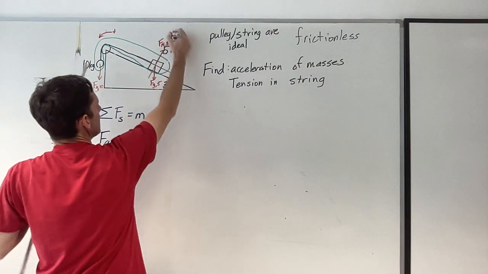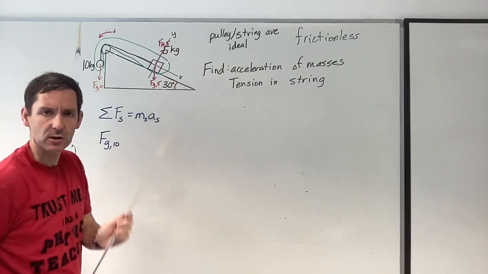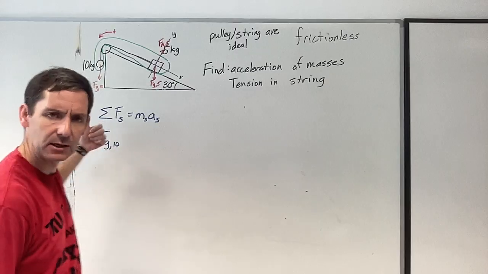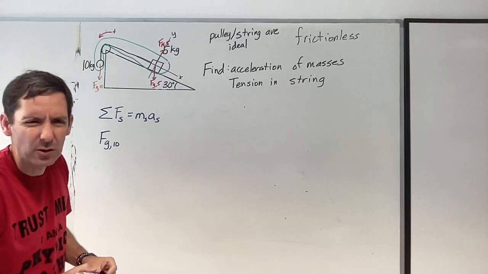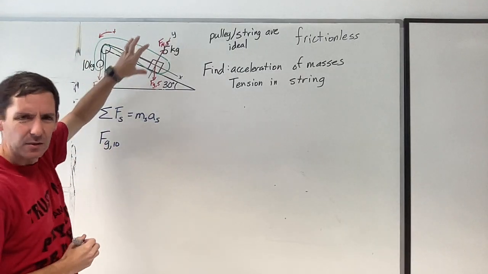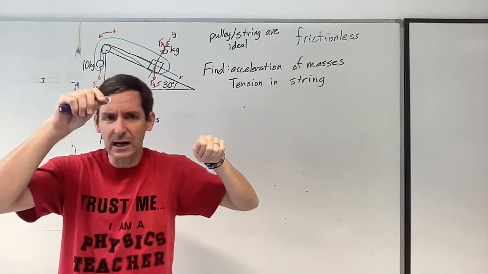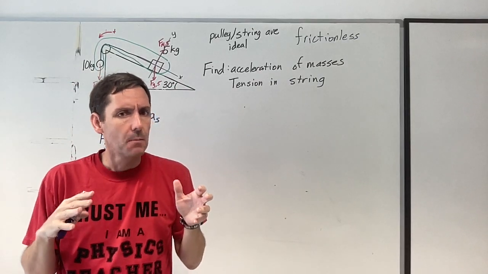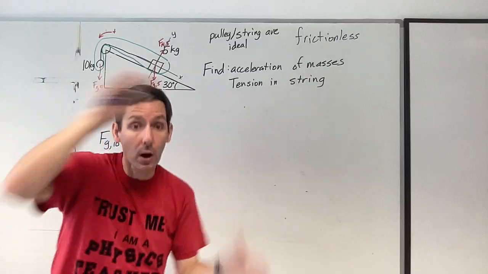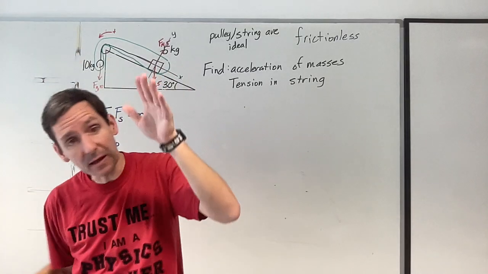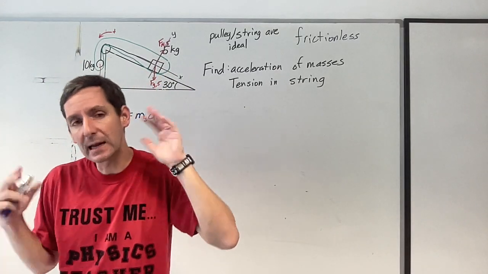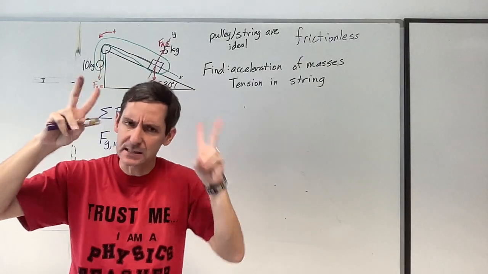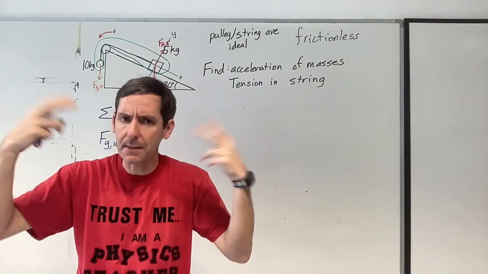Now, this is weird for a lot of people because they're like, well, you mean you're going to tilt the axis for the one on the ramp and you're not going to tilt the other one? Yeah, it's because of that pulley. The pulley allows the string to transfer forces in a different direction, right? But in the end, the pulley's going to go one way or the pulley's going to turn the other way, right? And so anything that makes the pulley turn one way can essentially be the same component, the same axis.